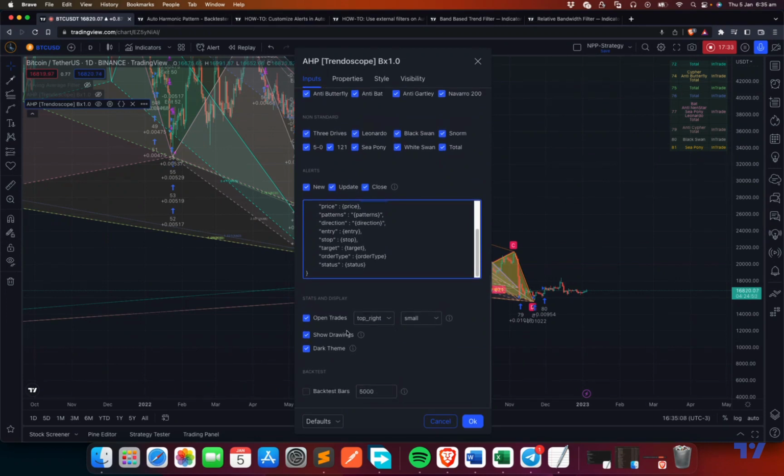That's just a suggestion. And similarly, backtest bars. Right now, backtesting is not limited. So if you're using alerts, maybe limit this to 5,000, or 1,000 is also okay, so that it will not take a longer time to load in the alert, wherever the program is running for alerts.